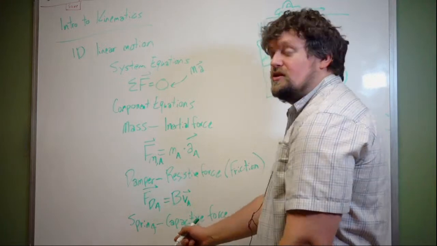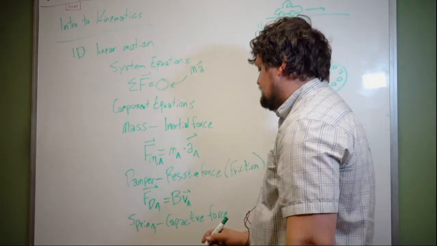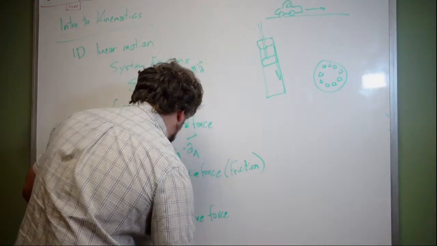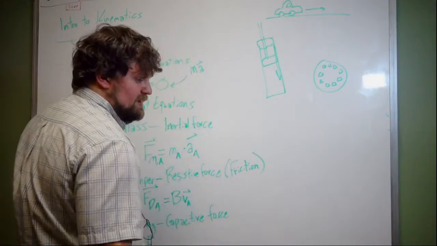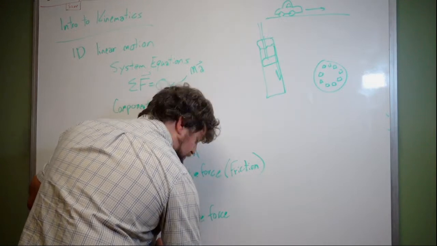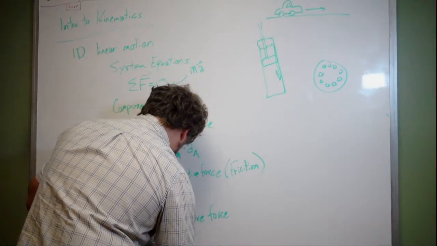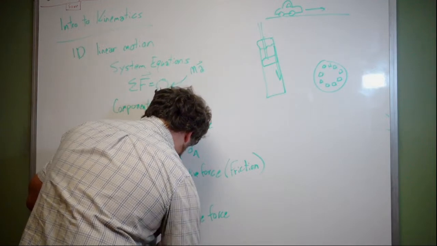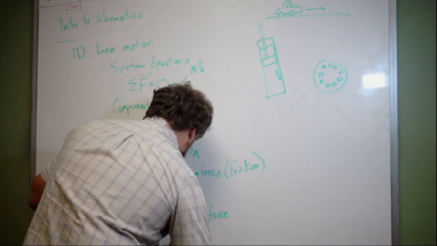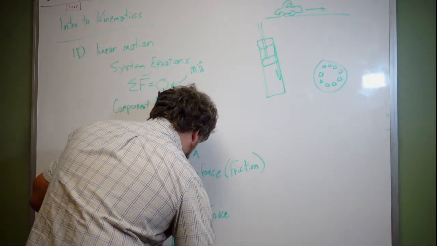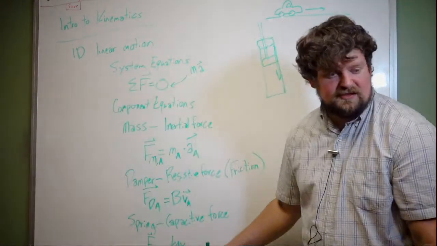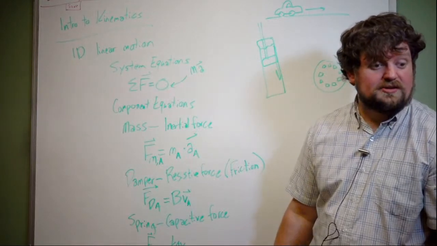This just uses Hooke's law, where F, and for this course I'm going to use FS, so F_SA on component A is equal to your spring constant K multiplied by the displacement X_A.